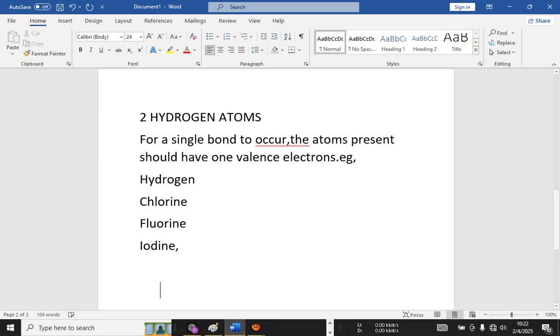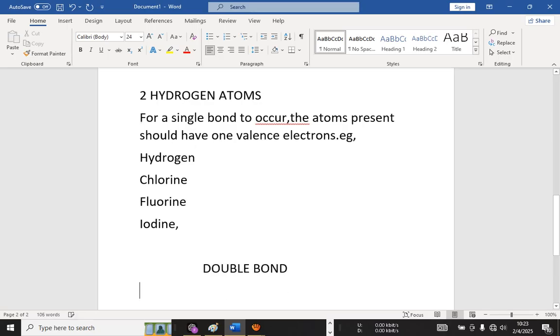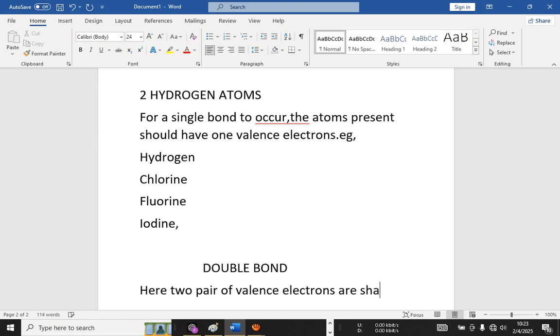Now our next aim is the double bond. In a double bond, two pairs of valence electrons are shared.